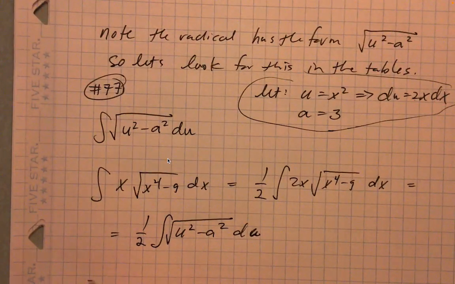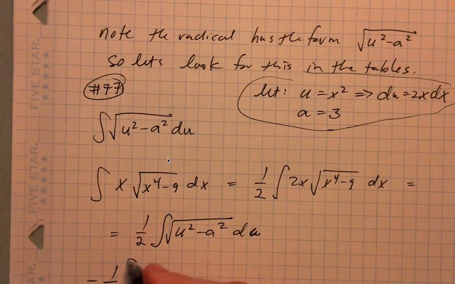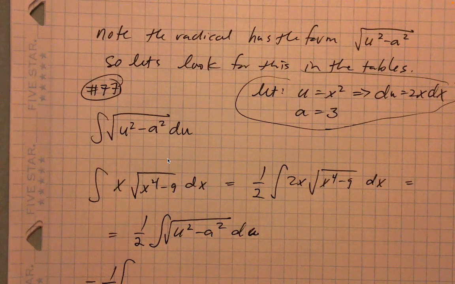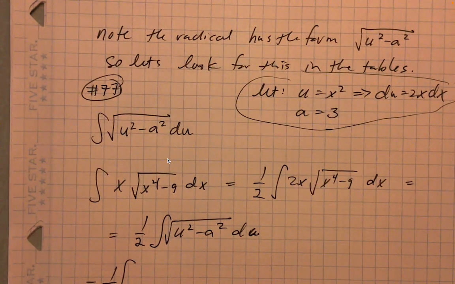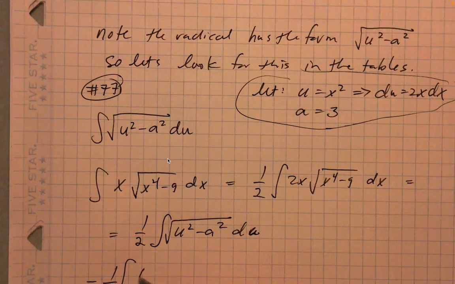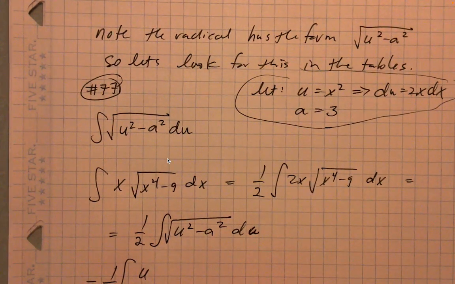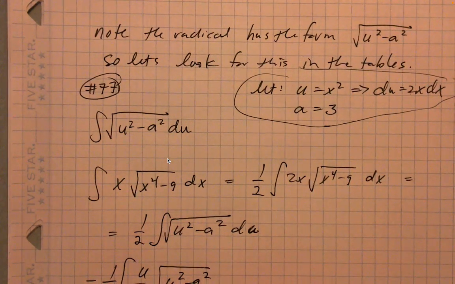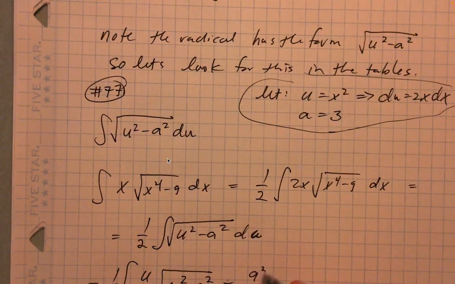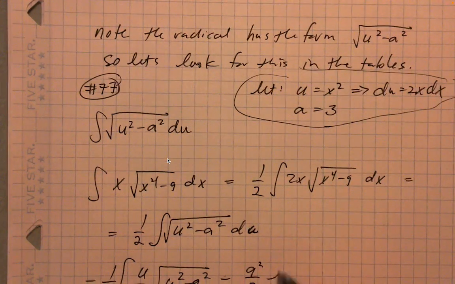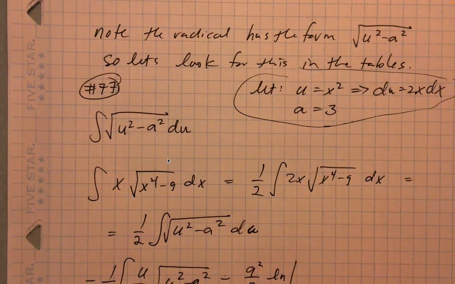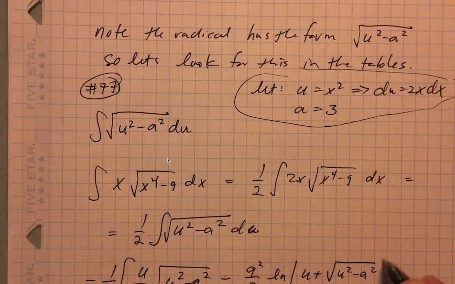Okay, so I'm going to write that all out real quick, just because I don't want to have to switch back and forth. Let's write out what this integral should say. It should be u over 2 times the square root of u squared minus a squared, minus a squared over 2 times the natural log of the absolute value of u plus the square root of u squared minus a squared, that whole thing plus c.